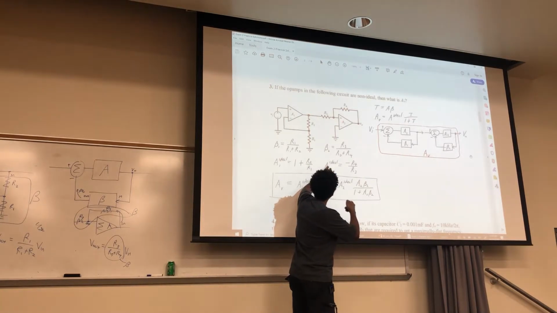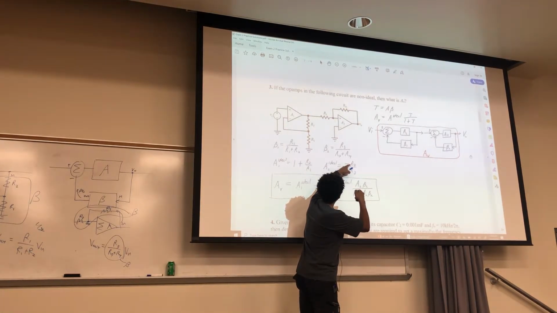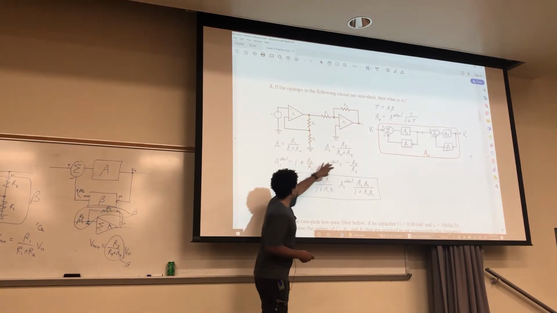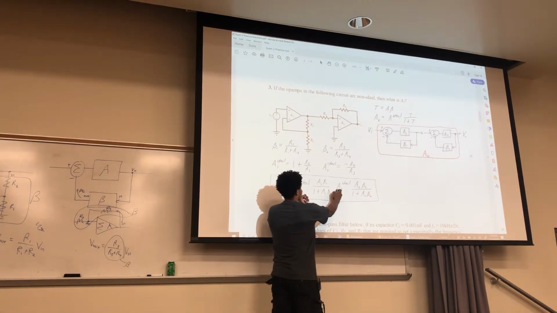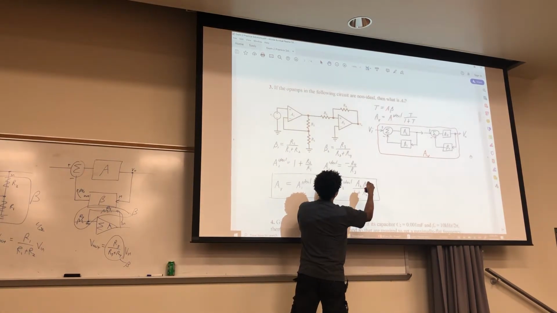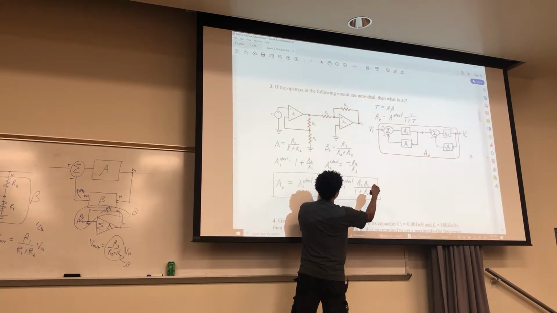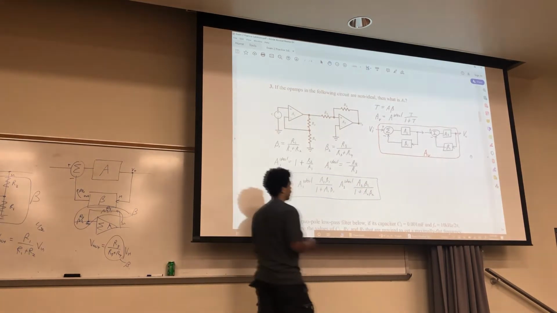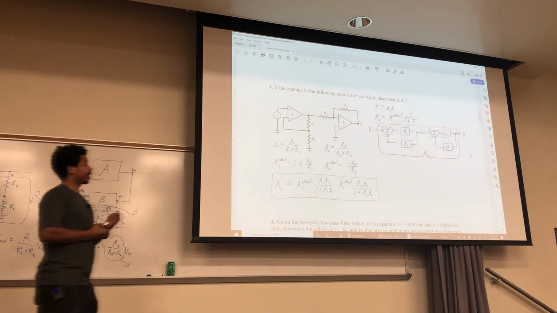This one right here would be negative of your feedback over this R3. And so those two things go here and here. And then what goes for your nonlinear right here, for your loop gain, are these nonlinear A1s and A2s.